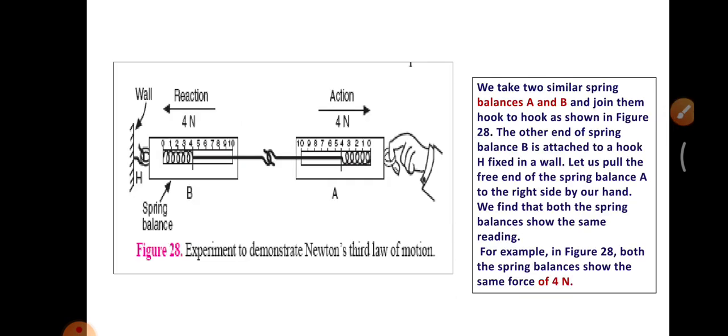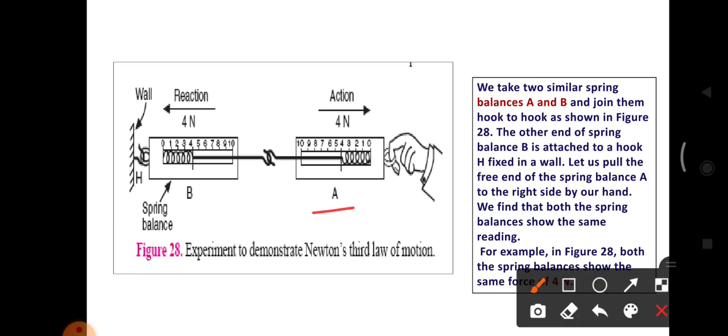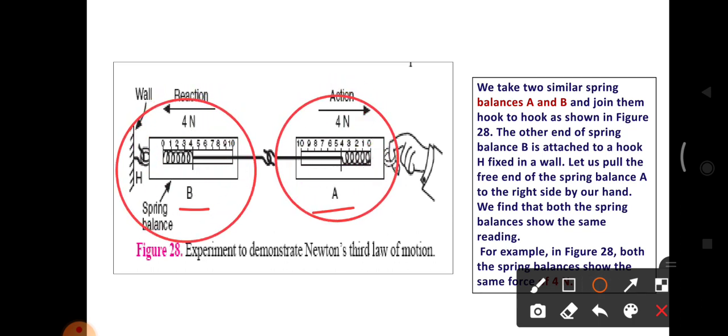For an experiment to demonstrate Newton's third law of motion, we have to take two similar spring balances A and B. See, this is spring balance A and this is B. And join the hook to hook. The other end of balance B is attached to a hook fixed in a wall.